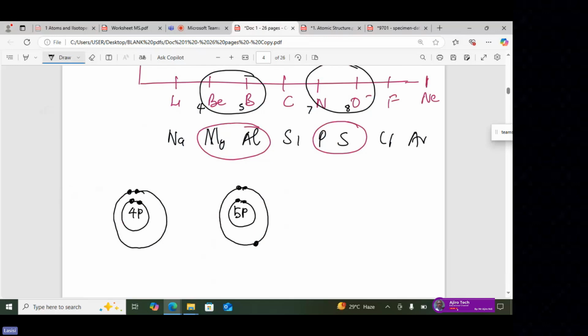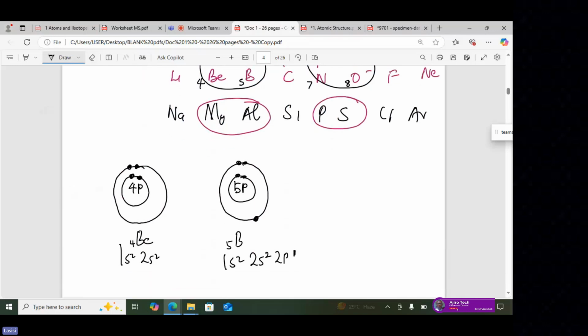Beryllium is number 4, and it is 1s2, 2s2. Boron is number 5, and it is 1s2, 2s2, 2p1.